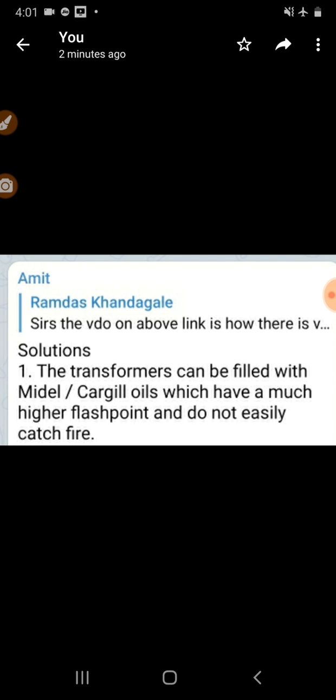The transformer oil should have certain basic properties for serving efficiently as a coolant and dielectric medium in the transformer.